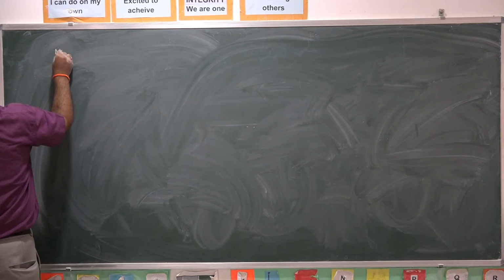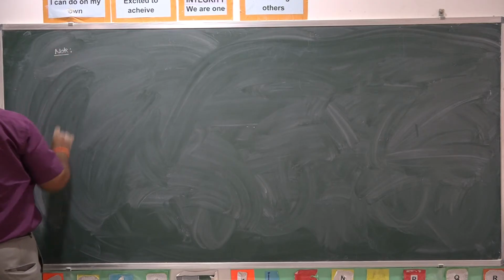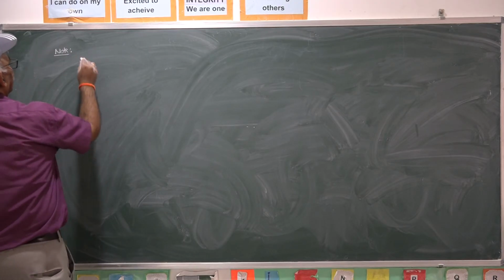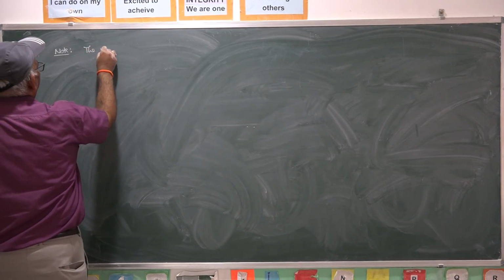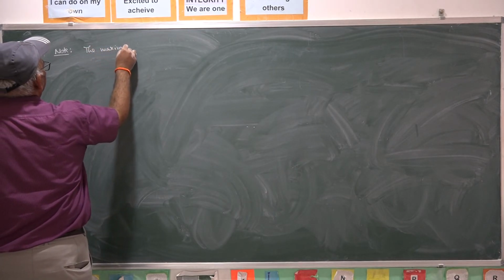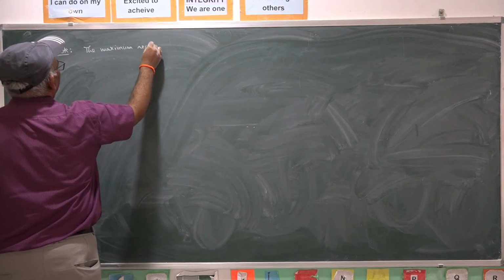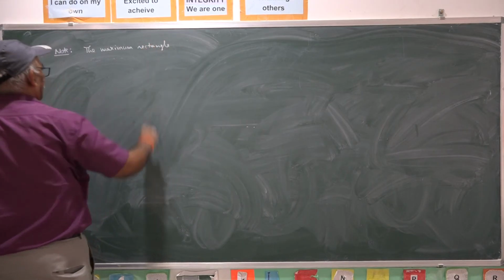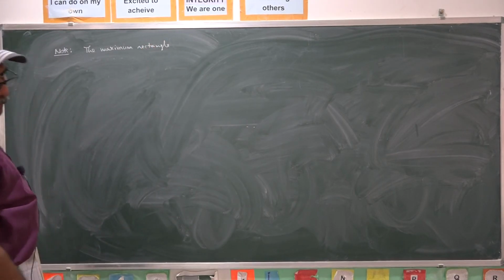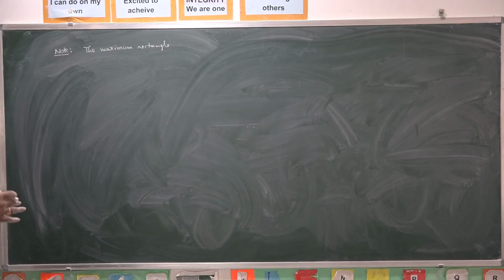These 2 points are very important points. The maximum rectangle means the one whose area is maximum.